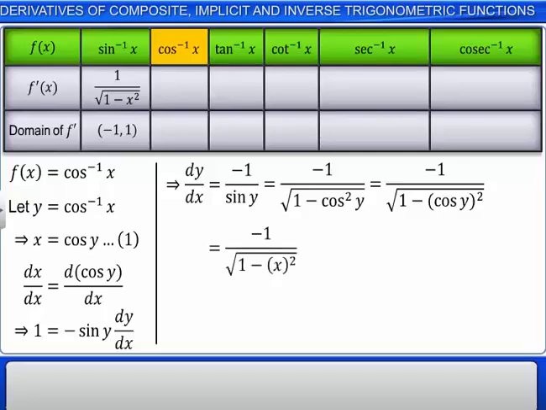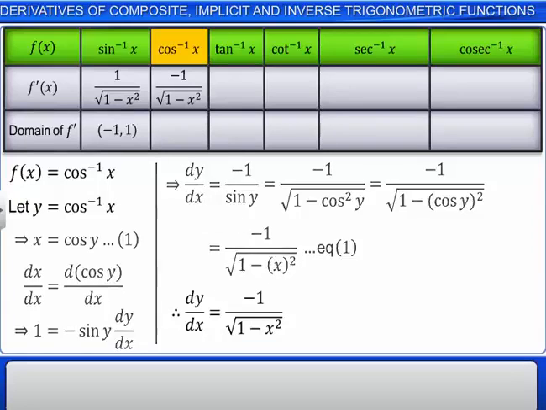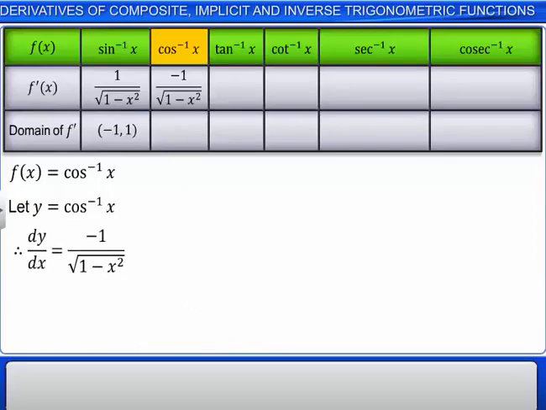Therefore, dy by dx is equal to minus 1 divided by the square root of 1 minus x squared. The derivative of cos inverse x exists only in the open interval -1 and 1.